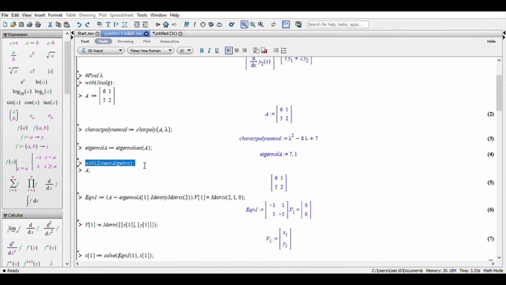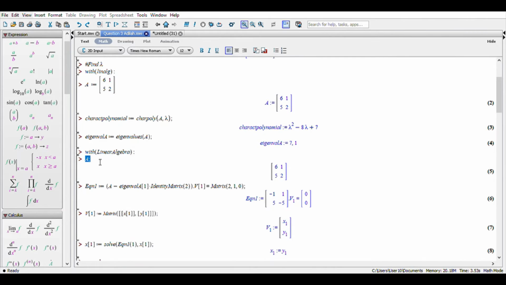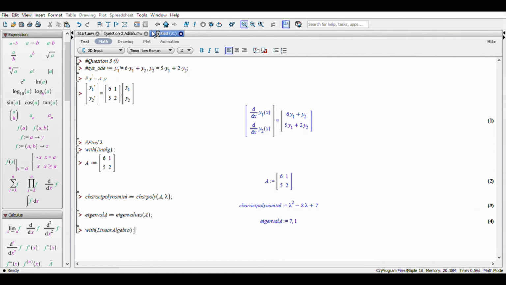Next, we will use the linear algebra command again, and we have to state the value of A again.